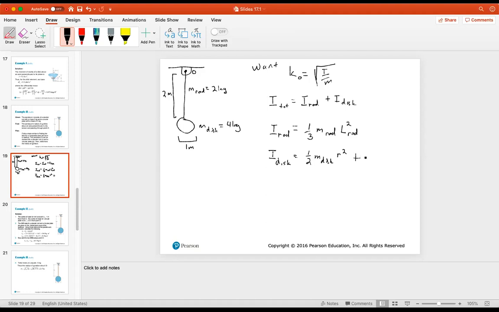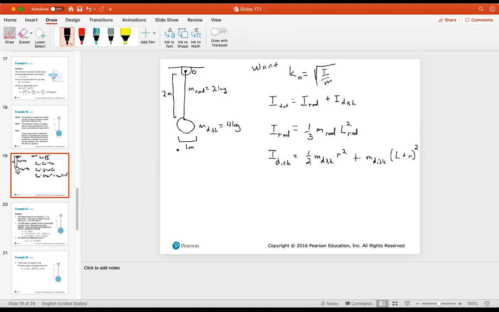That's simply going to be the mass of the disk times, and how far have we moved it? Well, we've moved the disk down, so it would be 1 radius plus 2 meters. So that's the length of the rod plus the radius, and I have to square that quantity.